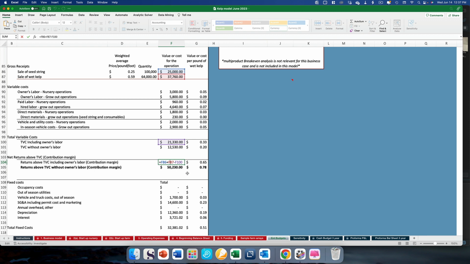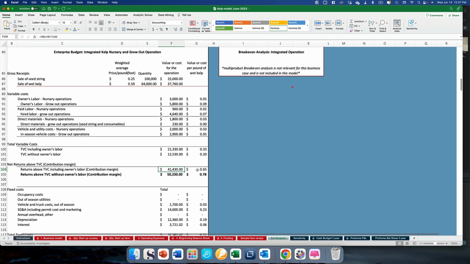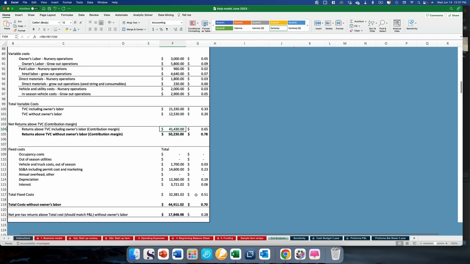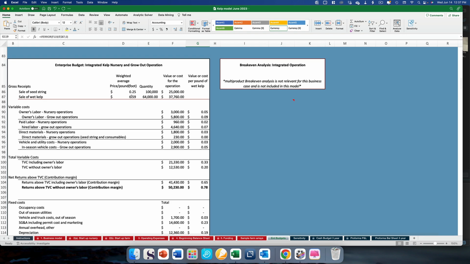So this analysis, if you want to apply this thought process to an integrated operation, is not exactly parallel to the way that you use these to think about the standalone aspects of the operation. What you do see, though, is that the total costs, fixed costs plus variable costs, for the entire operation are 70 cents per pound of kelp, which we know is higher than the price.